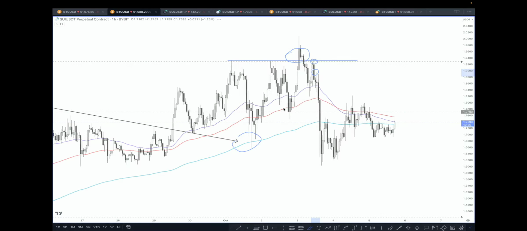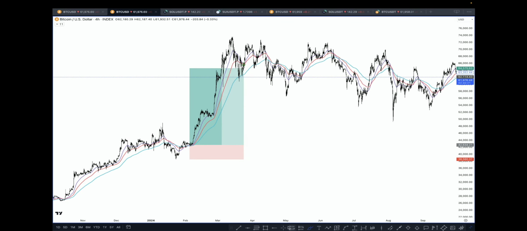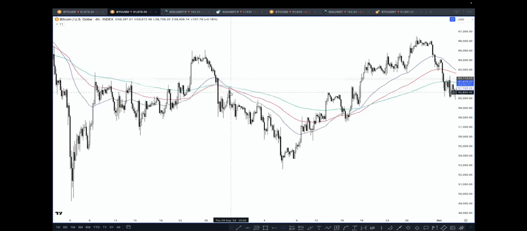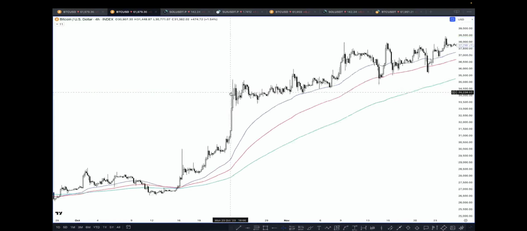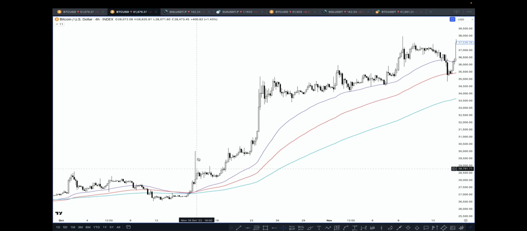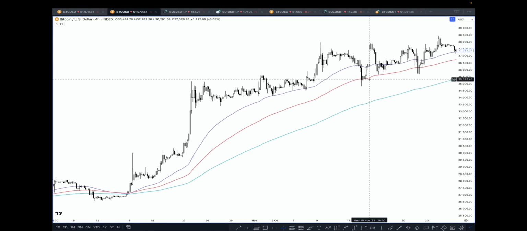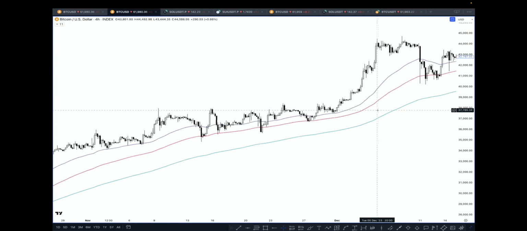Just look at any major trend on BTC, for example. Over here, you get your cross, right? So you get the bullish cross, it moves up. First touch, new highs, never comes back. Touches again, goes to new highs again. Touches again, new highs again.